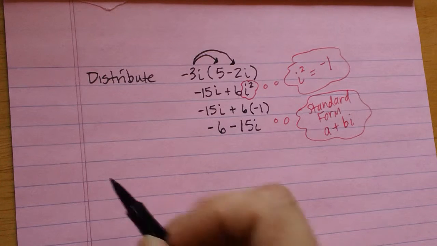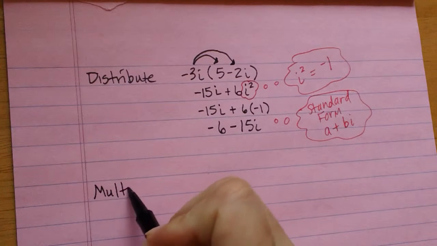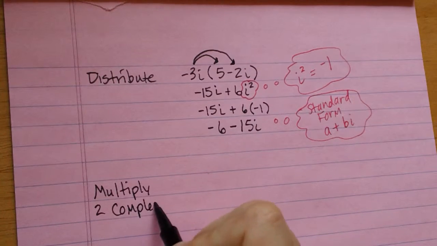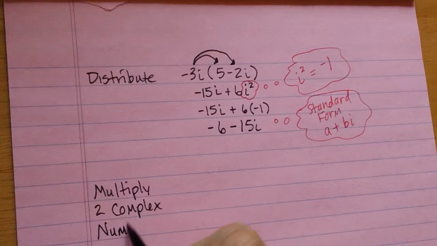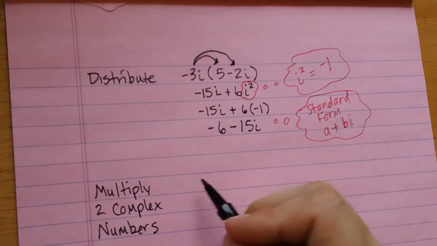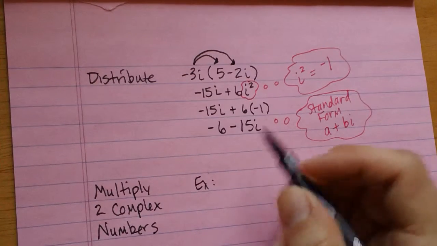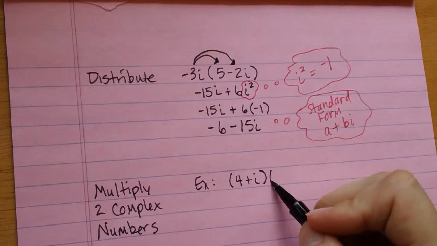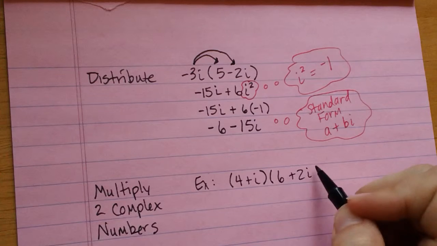Now let's see if we can multiply two complex numbers. As an example, we are going to work with 4 plus i times 6 plus 2i.